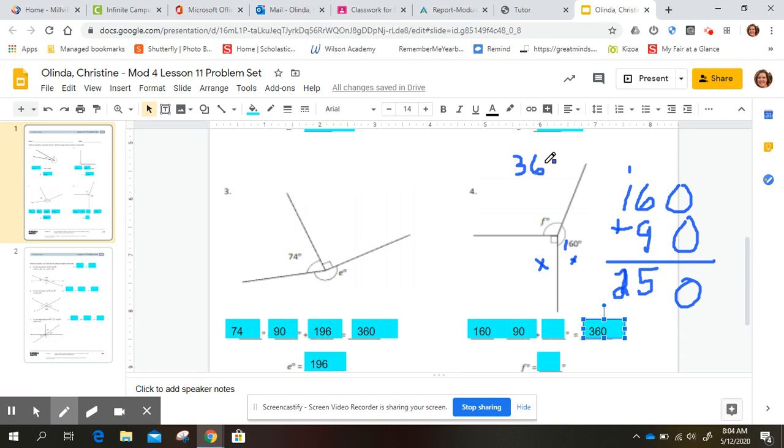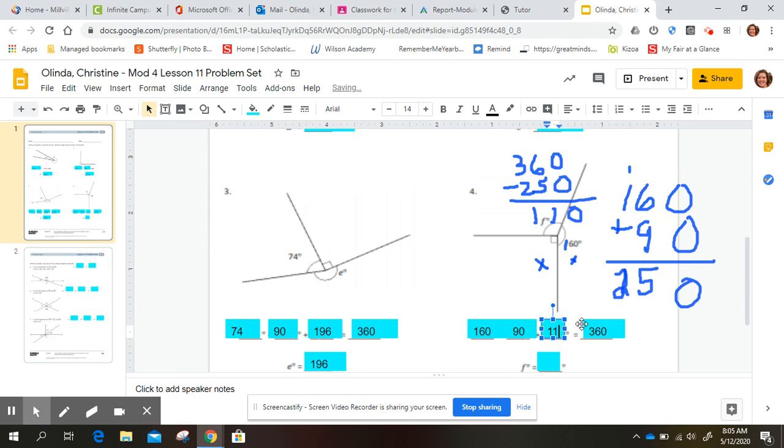So 360, because that's my total, minus 250. And I'll get 110. So that means this angle, F, is 110 degrees, and that makes sense because if I drew the line here, it'd be 90, and it's a little past 90, so it'll be 110. So angle F is 110 degrees.